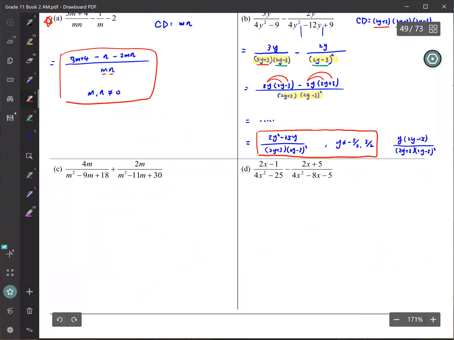You start with factoring, get a common denominator, and then keep the denominator in brackets. Do not expand the denominator because you want to use it to find restrictions. You just need to expand the numerator and simplify. So I'll let you do the last two questions at the bottom. When you finish both, raise your hand, or if you have any questions, let me know.